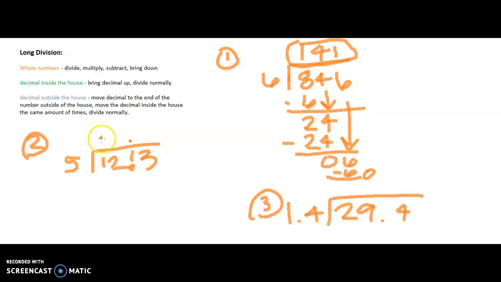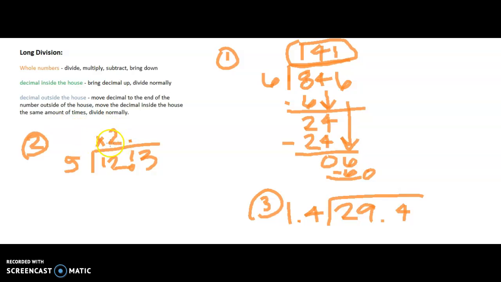A lot of people like to use a 0 as a placeholder. I like to use an X, just so I'm keeping my placeholders and my actual zeros as digits separate. But if you like to use a 0, put a 0. So I know 5 can't go into 1, so now I'm going to look at the two digits together, 5 into 12. 5 can go into 12 2 times evenly.